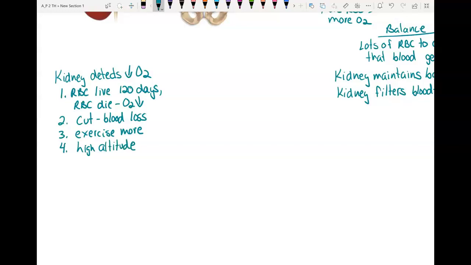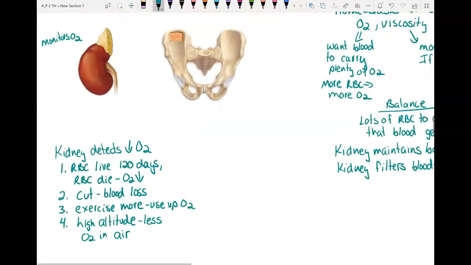Maybe you've heard of altitude sickness. People who aren't used to being up in the mountains, they go up in the mountains and they get sick because they don't have enough oxygen up there. The higher up you are, the less oxygen there is in the air. So any of these things could cause your oxygen level to decrease, and your kidney is going to detect this.